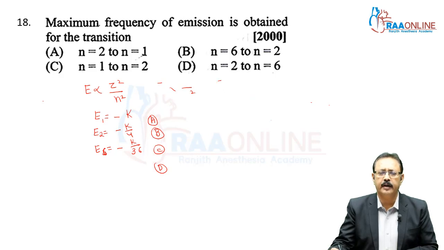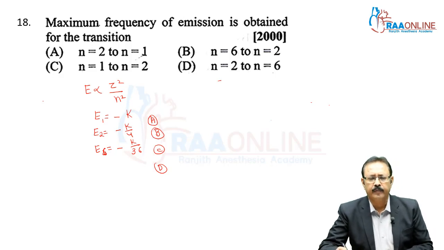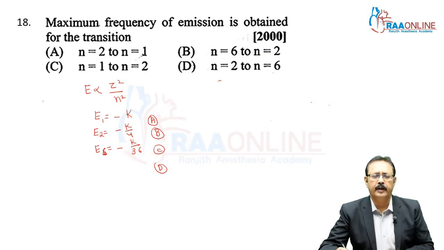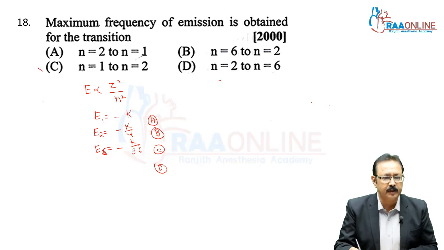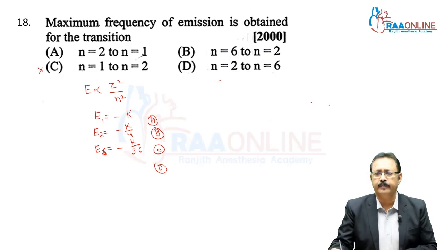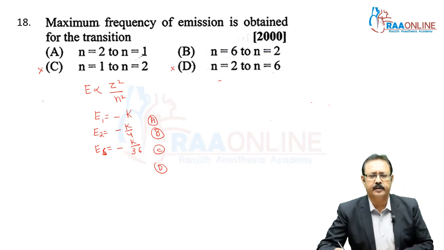In this, it is coming from second to first, and it is coming from 6th to second, and it is going from first to second. Lower energy level to higher energy level, it will not emit. In case of C, it will not emit because it is going from low energy level to high. In D, it will not emit. Emission is only in 2 cases, when it is coming from second to first, or it is coming from 6th to second.